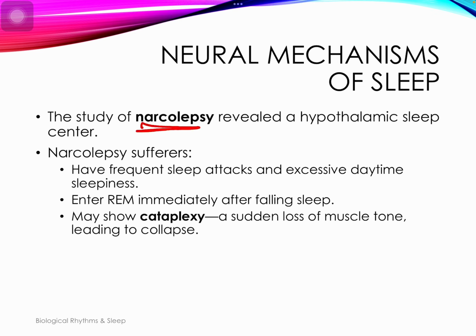And so the study of narcolepsy has helped us really understand what's going on when it comes to this kind of switch from wake to sleep. There's a particular line of dogs that has a genetic susceptibility to narcolepsy, and that gives us a lot of information on the disease itself.